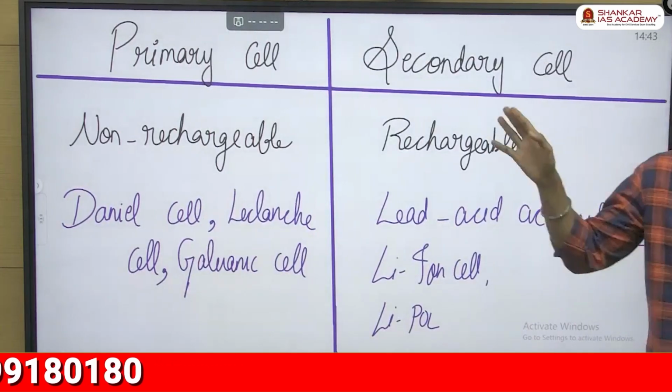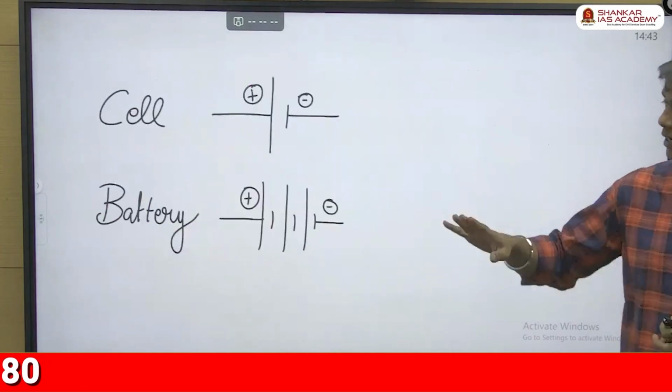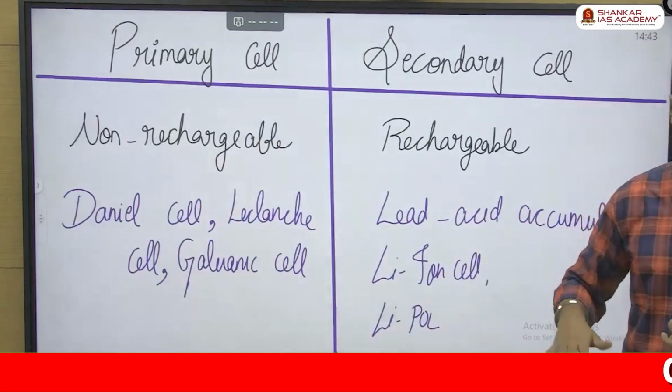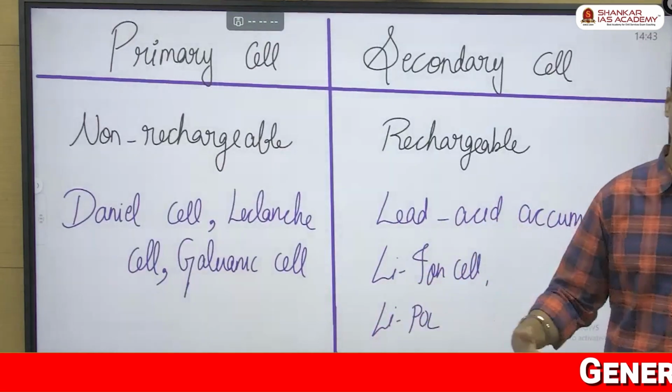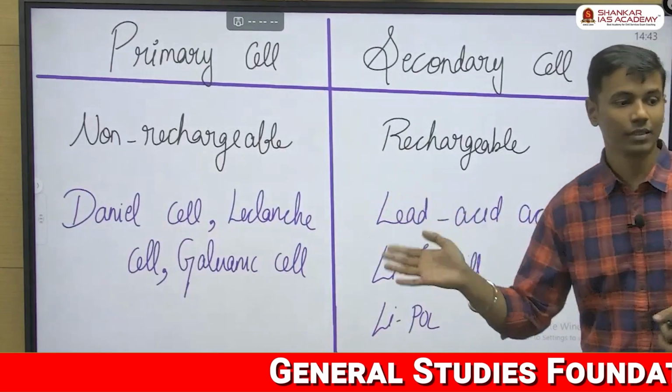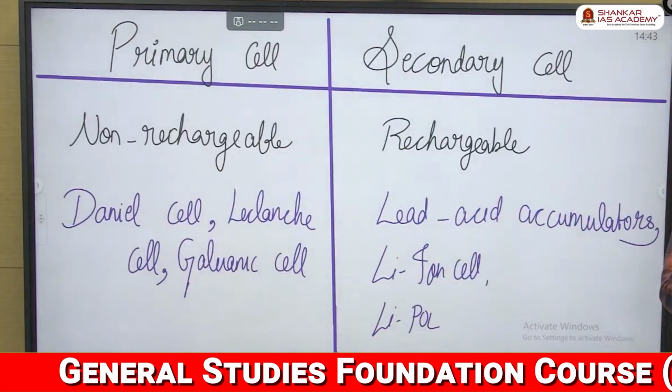So cell and battery is about single and multiple units. You can say lithium ion cell or lithium ion battery also. You can say galvanic cell or galvanic battery also. Cell and battery is about how much you're stacking, but here it's about the process that happens inside.